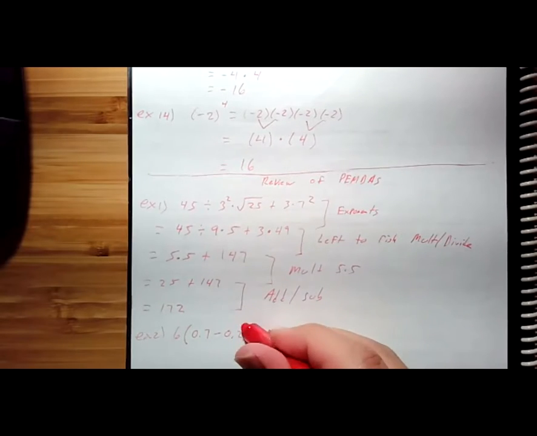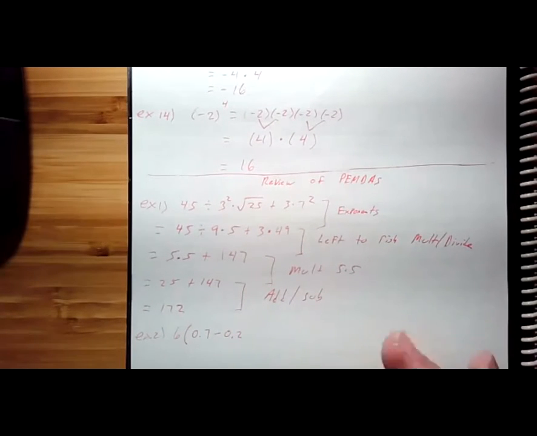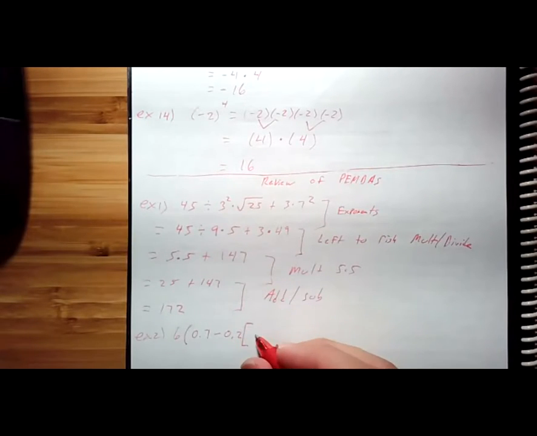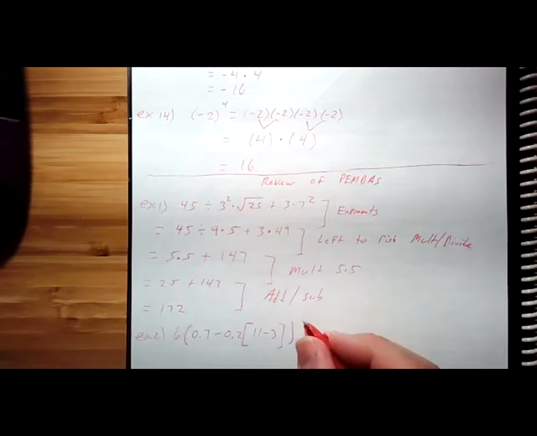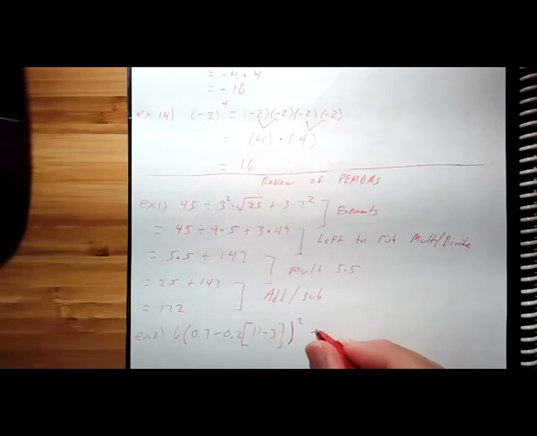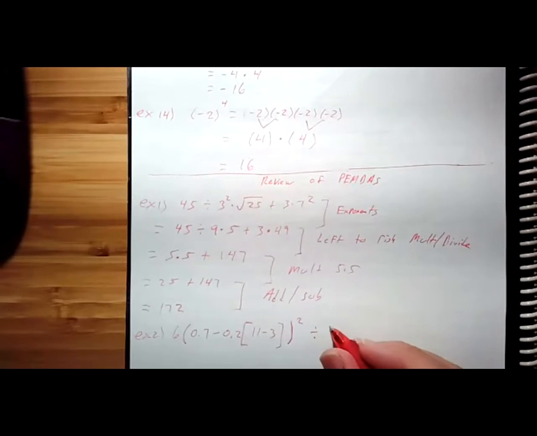Actually, there's no parentheses there. 0.7 minus 0.2 times the bracket, 11 minus 3, close parentheses squared. Okay, that looks pretty nasty. Divided by negative 1.3 minus 0.5.